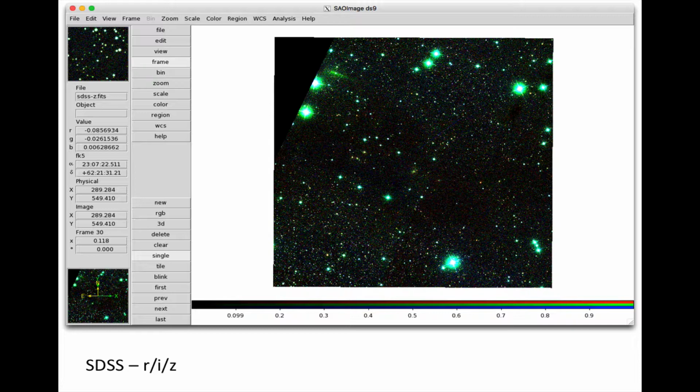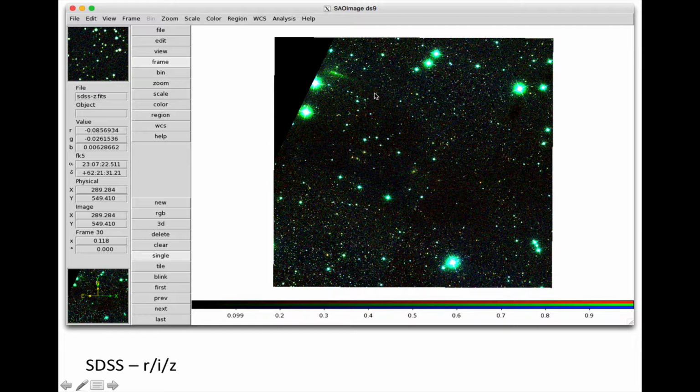So this is using R, I, and Z for the RGB planes. I guess it's BGR because the band R here would be the shortest wavelength, so that would be mapped to blue, I is green, and Z is red.